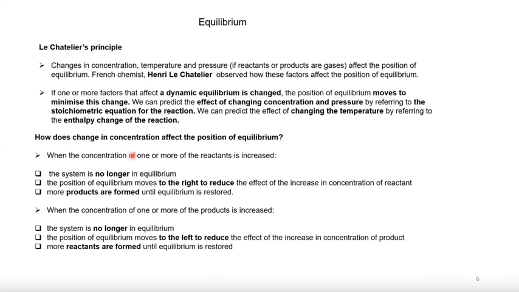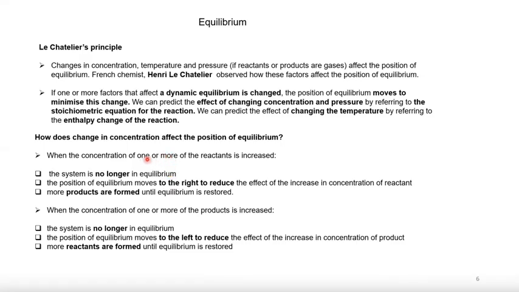How does a change in concentration affect the position of equilibrium? We'll start one by one, saying how concentration is affecting, how temperature is affecting, and how the other factor, pressure, is affecting the dynamic equilibrium. When the concentration of one or more reactants increases, mind it, the reactant, the system is no longer in equilibrium.